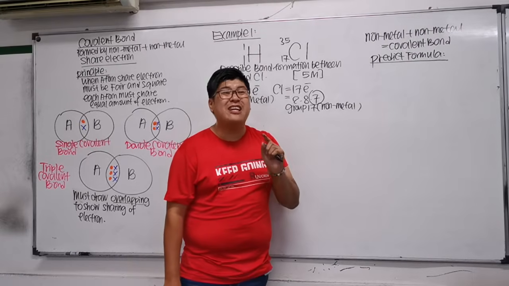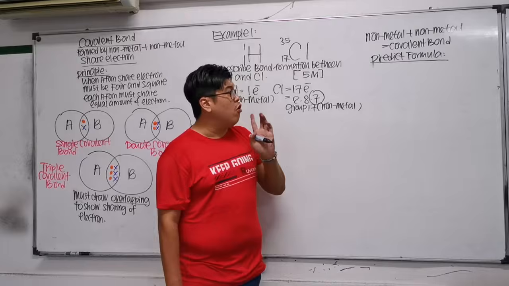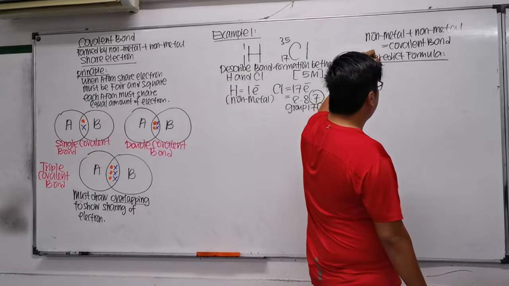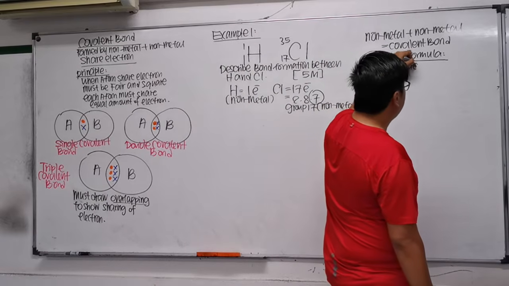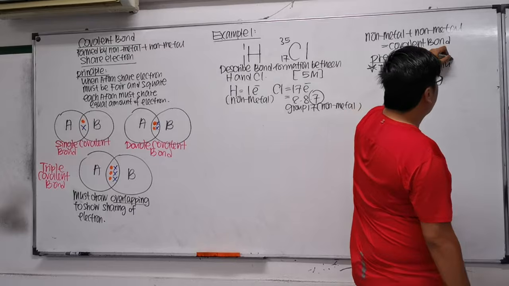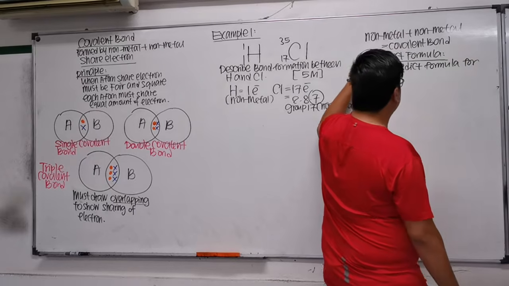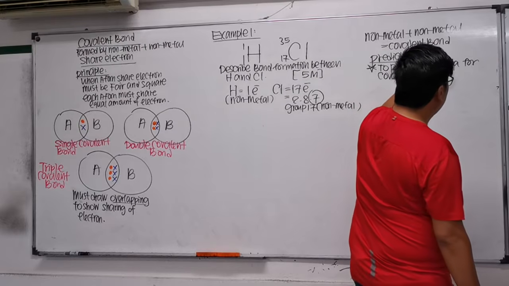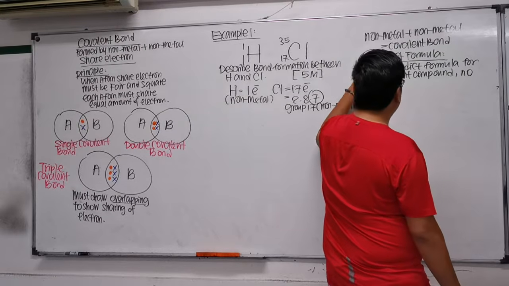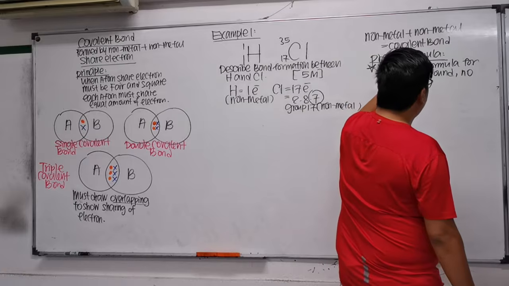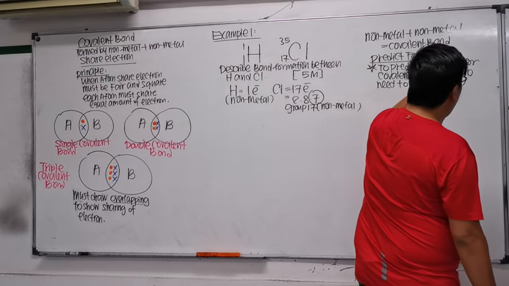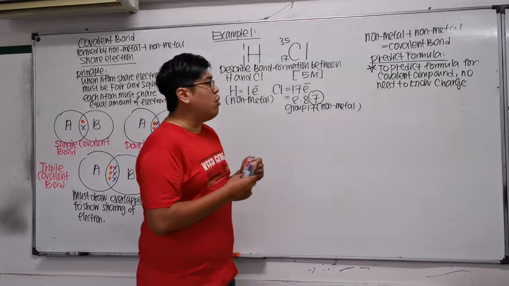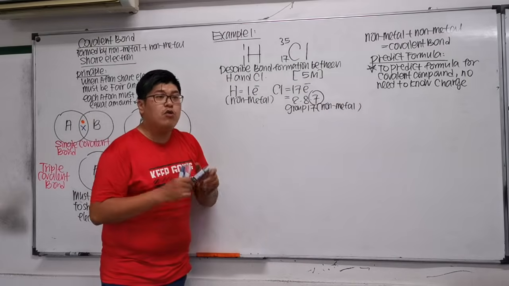Covalent has no charge at all. So to predict the formula for a covalent compound, no need to know the charge. So how can we predict it? Follow me.